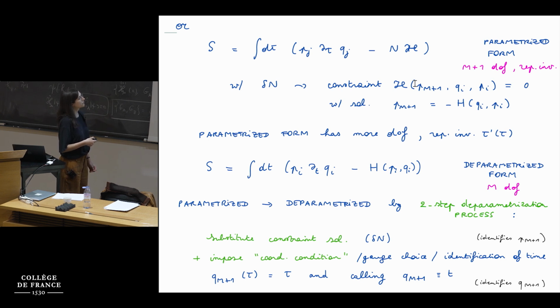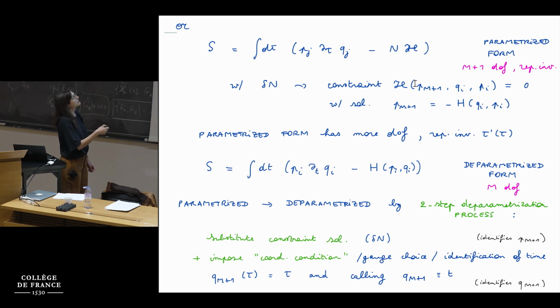It consists of substituting the constraint solution. Starting from here, you solve the constraint, curly H is 0, plug it back in here, so this term is gone, and we're only left with this. The second step in the deparametrization process is to impose what is called a coordinate condition.